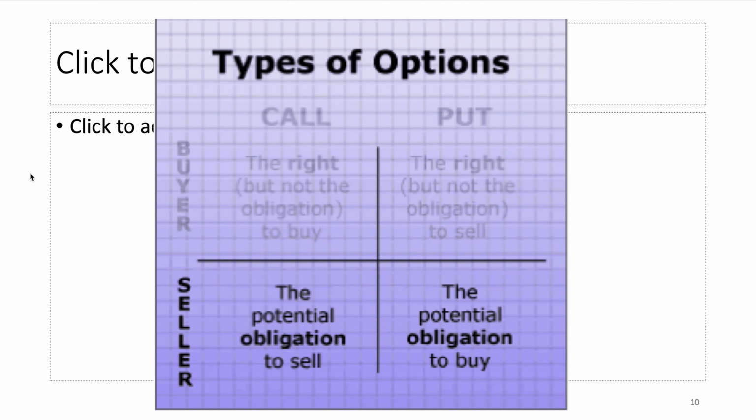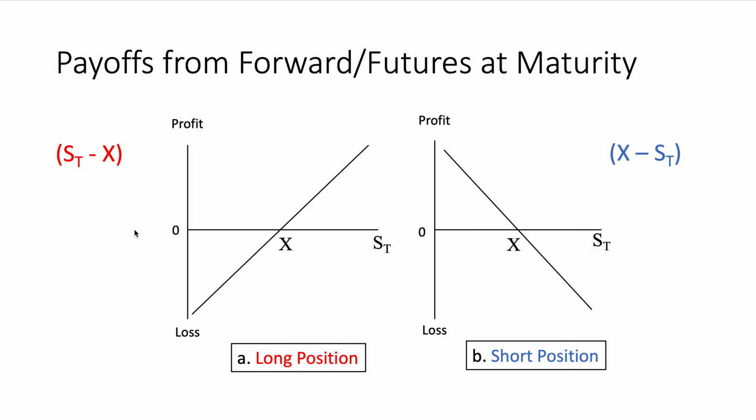Now let me show you that this is true. In a forward contract, the payoff is ST minus X. You have the right to exercise and the profit, but you also have the downside. If ST is less than X, you're losing money.